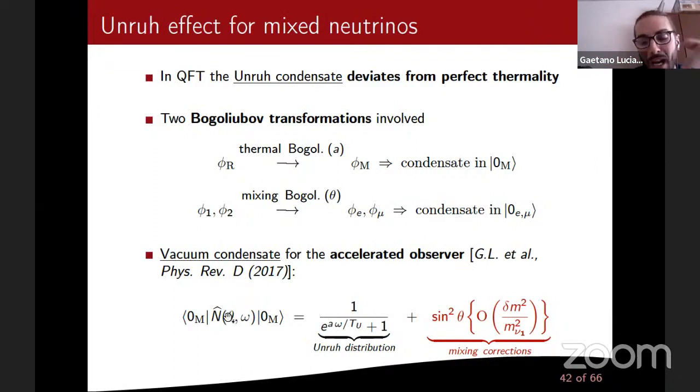So if you now compute the spectrum of mixed particles for the Rindler observer in the Minkowski vacuum, it is given by the sum of the standard thermal factor plus a non-thermal correction. You cannot rearrange this result in a Planckian-like form, so you cannot define a T, you cannot consider this as a Planckian thermal spectrum. But again, this occurs in quantum field theory, not if you work with Pontecorvo states. So this is not the case that Aluvalia and collaborators are considering.